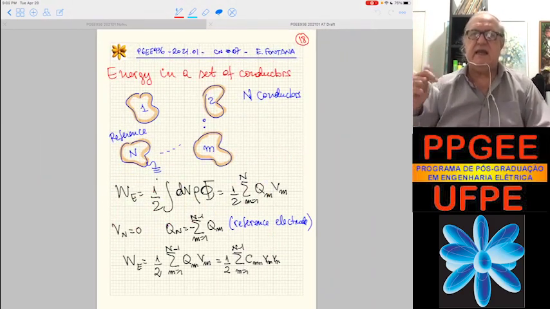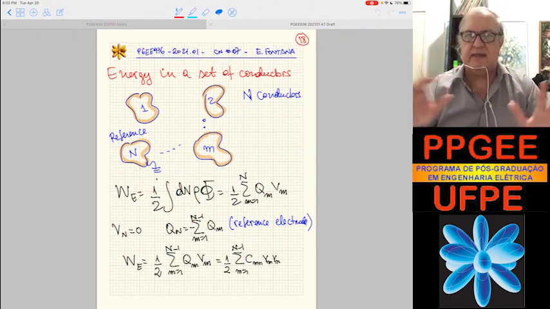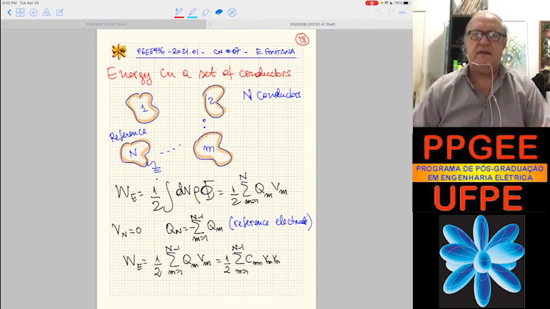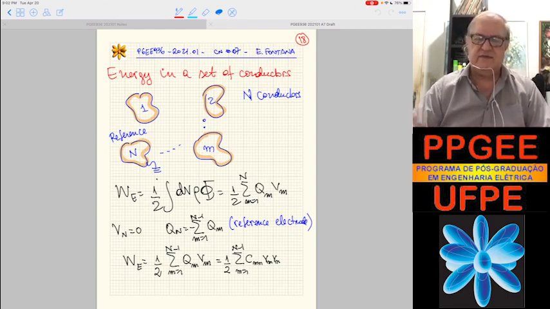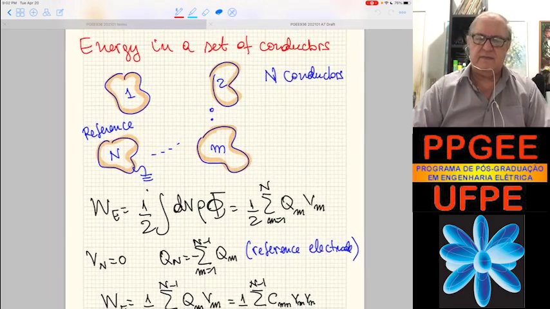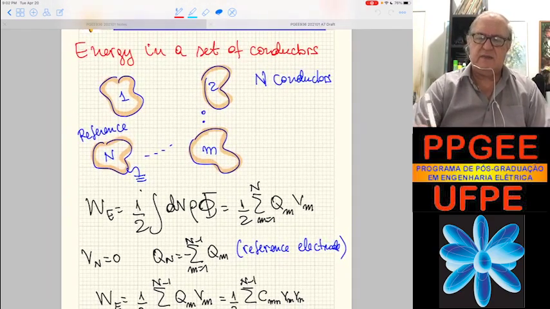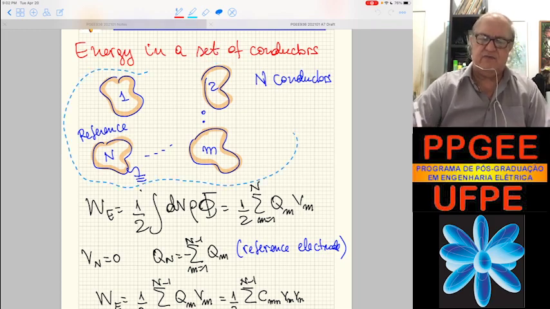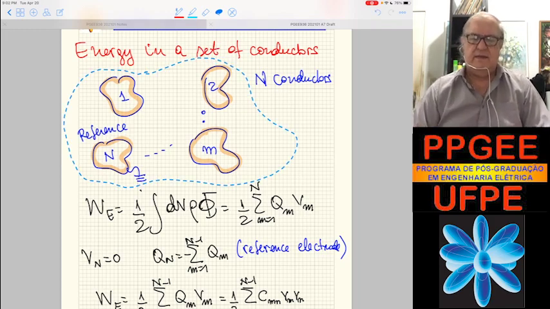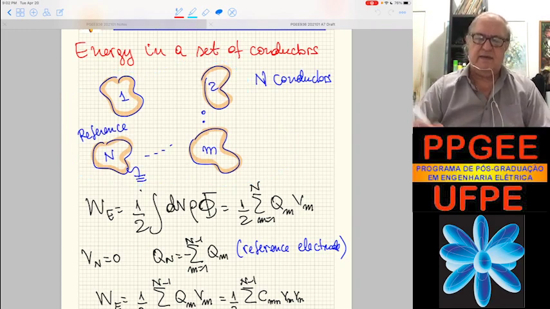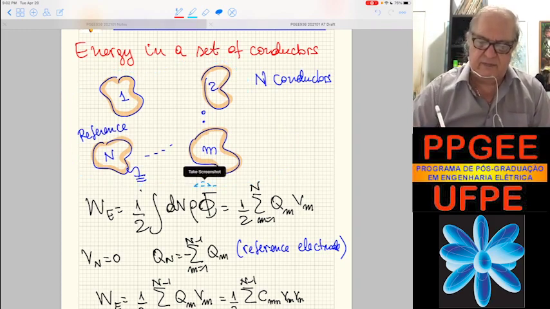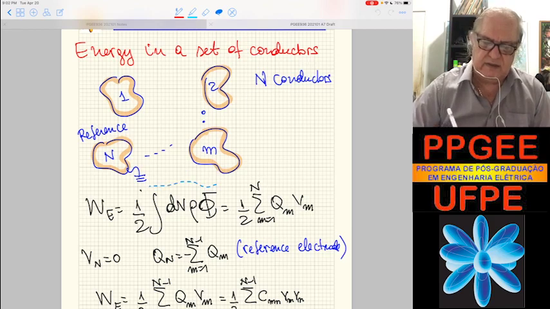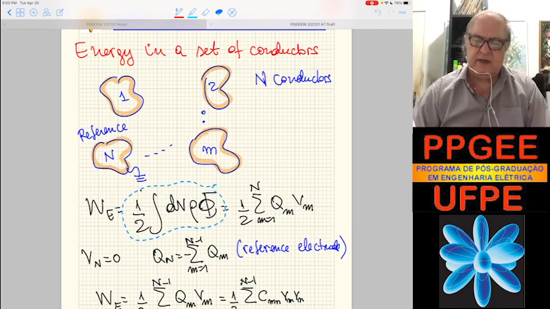Okay, the energy of a set of conductors can be calculated, right, using those capacitance coefficients. It's very easy to determine. Have a set of conductors. You can use those concepts I just showed before to determine the energy. This is a linear system. From the point of view of the field source, it's given by this expression here.